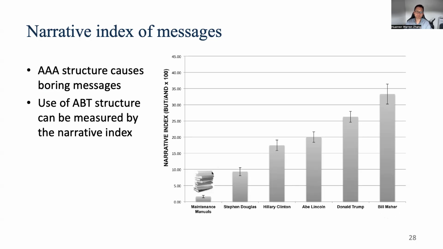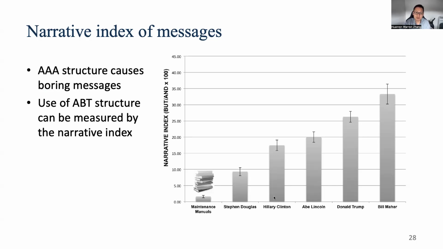As we can see here, we have different narrative indexes. Although it's a rough measure, we can see this narrative index actually is a good measure of how interesting the corresponding message is, right? If we compare the usage of narrative index between different presidential candidates, it seems that we can even predict who is likely to convince the voters and to win the presidency, right?